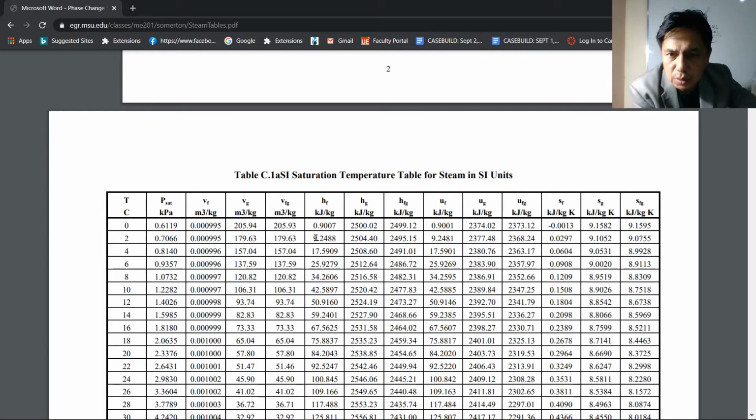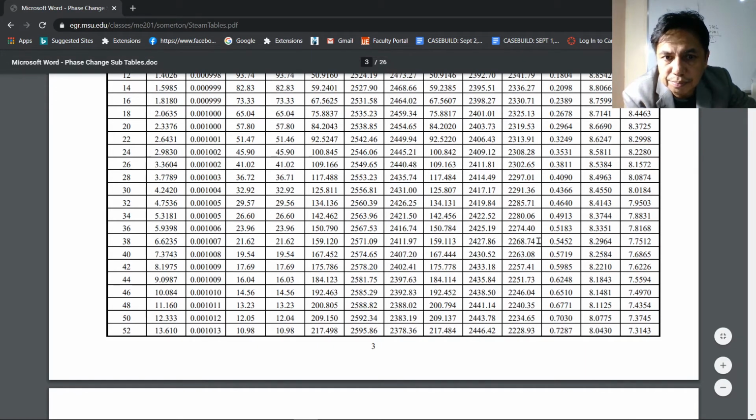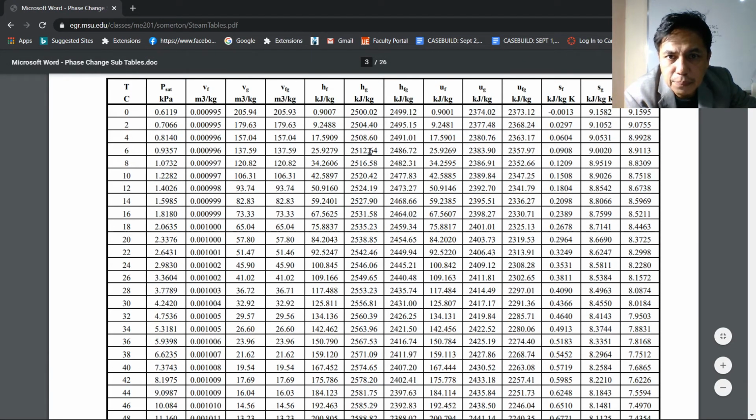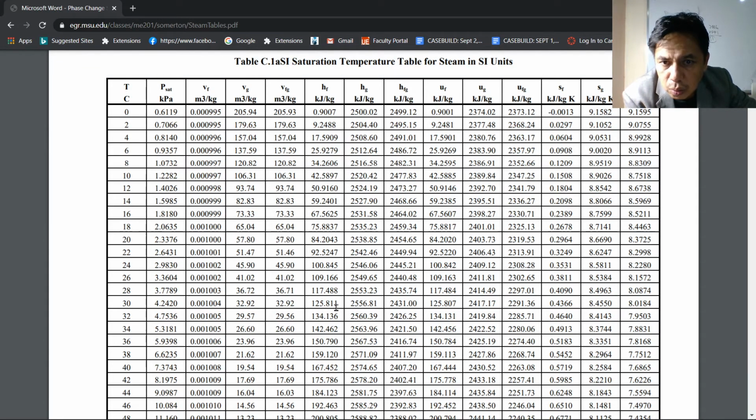So HF, HG, HFG. That's HF at 30. Here. Yeah. HF at 30, 125.811. Is that correct? 125.811. Correct.